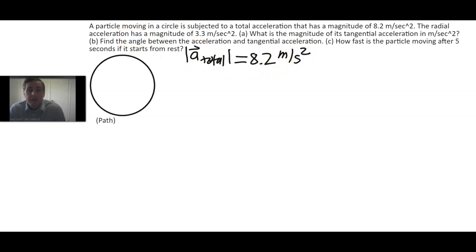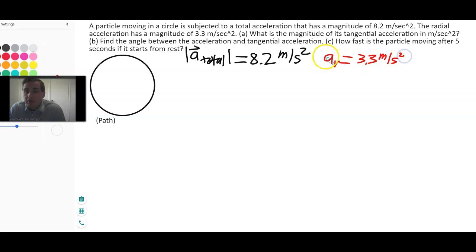We know the radial acceleration has a magnitude of 3.3 meters per second squared. So let's write that down, maybe in red: the radial acceleration is equal to 3.3 meters per second squared, and again, that's the magnitude of this vector.